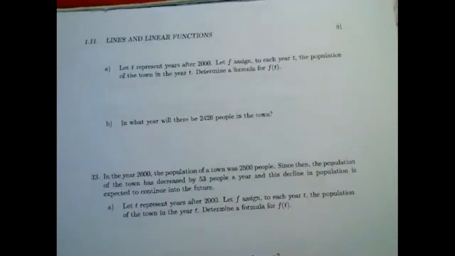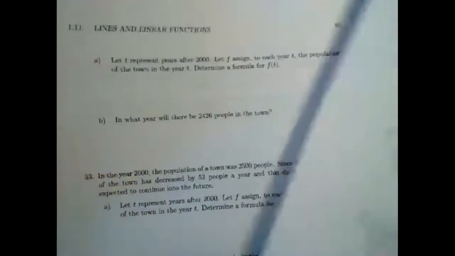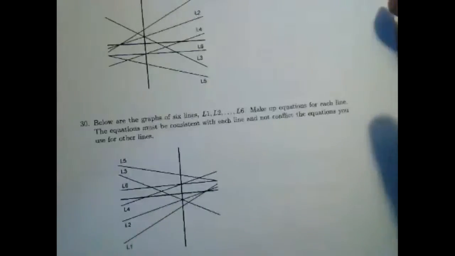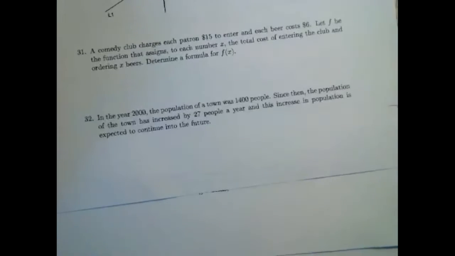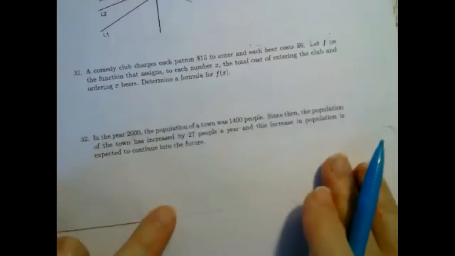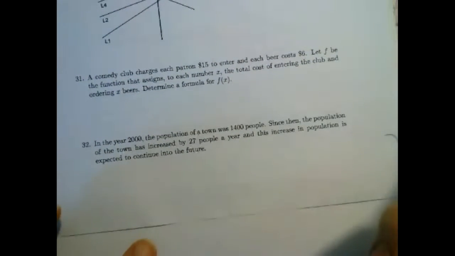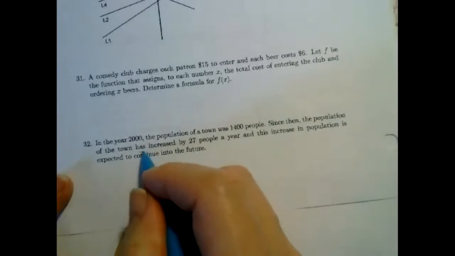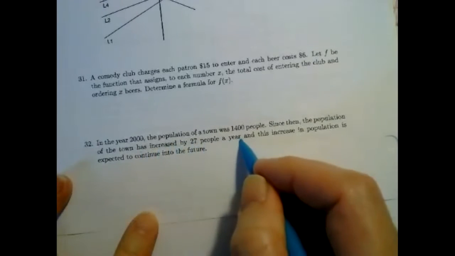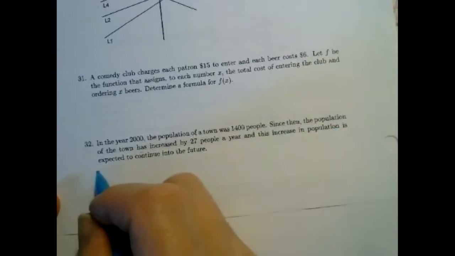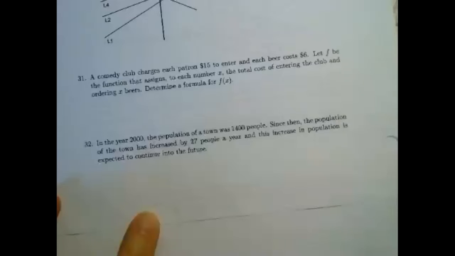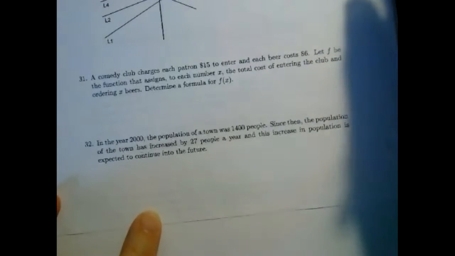So is this function linear? Yes, it is. Because it gives you a starting point and a consistent rising slope. Exactly. And so it's telling you very clearly, it increased by 27 a year, and this increase is expected to continue. They are telling you it's the same rate every year, 27.